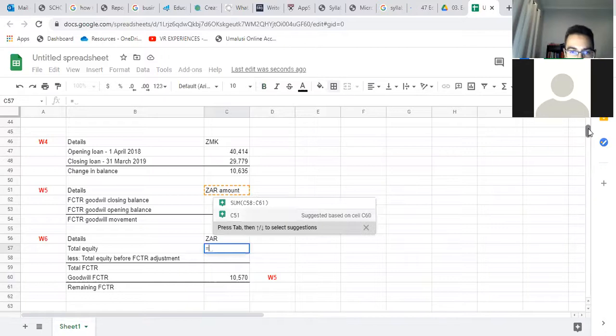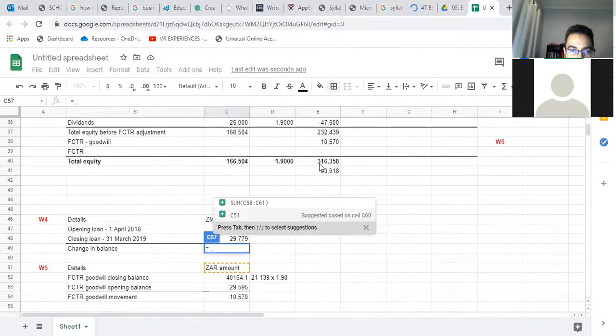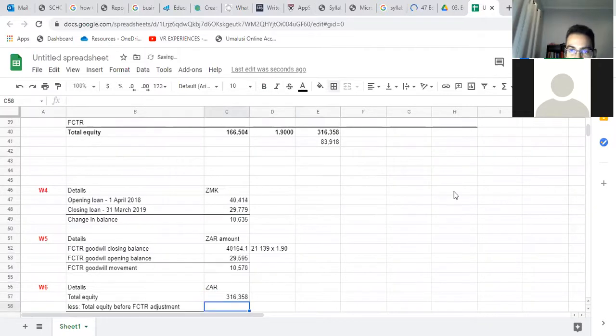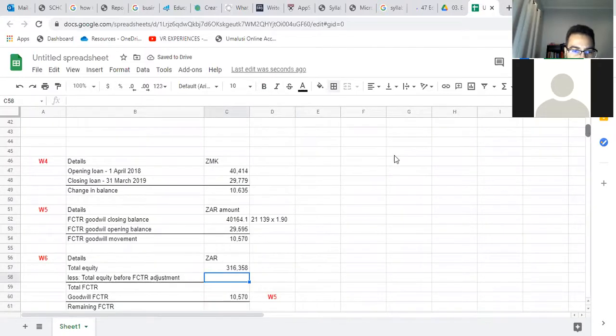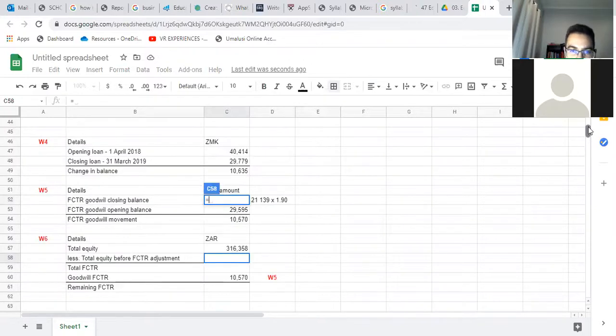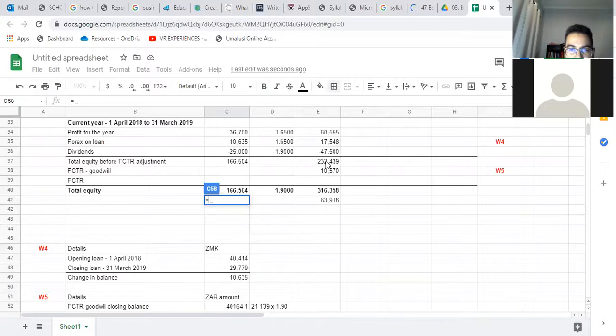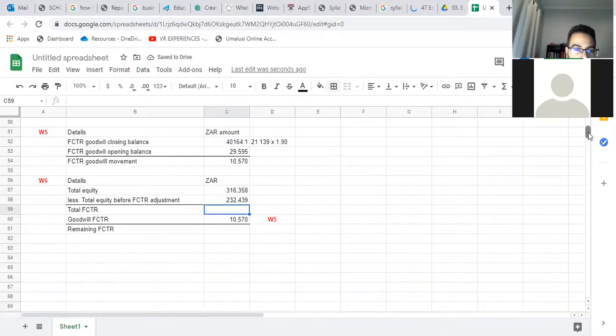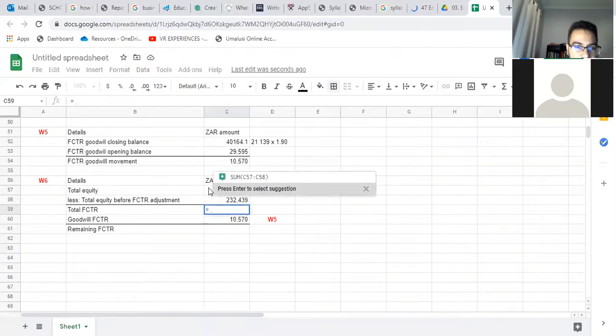So this over here is 316, and that is going to be 232,439. As you can see, total equity minus total equity before FCTR adjustment is going to be that minus this.